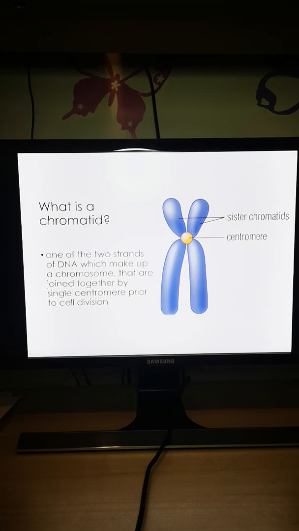Just at that point, following the S phase, following G2, when we move into prophase, prophase 1 in meiosis, we've got 2 copies of the DNA molecule, 2 sister chromatids joined by a central centromere, just prior to cell division.